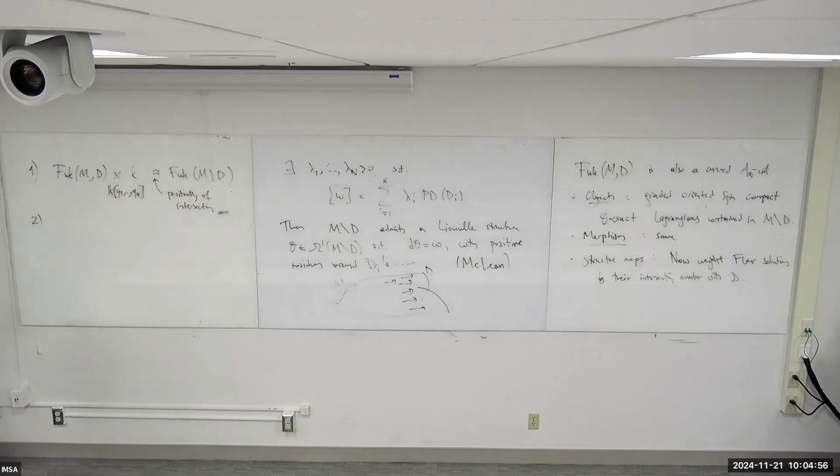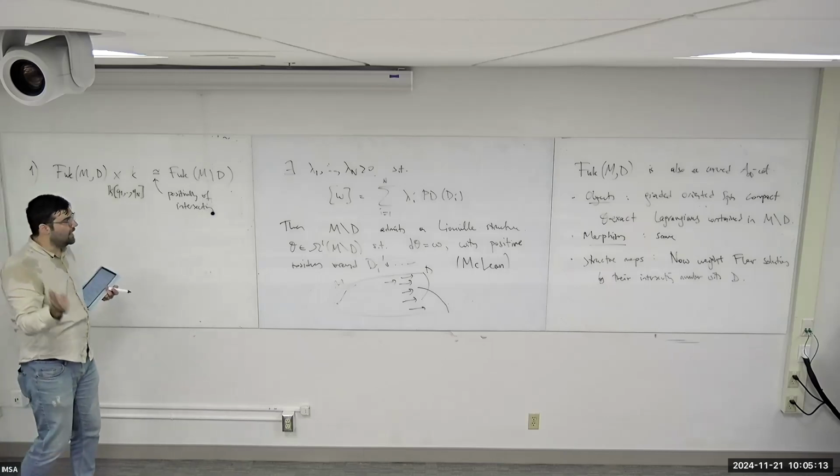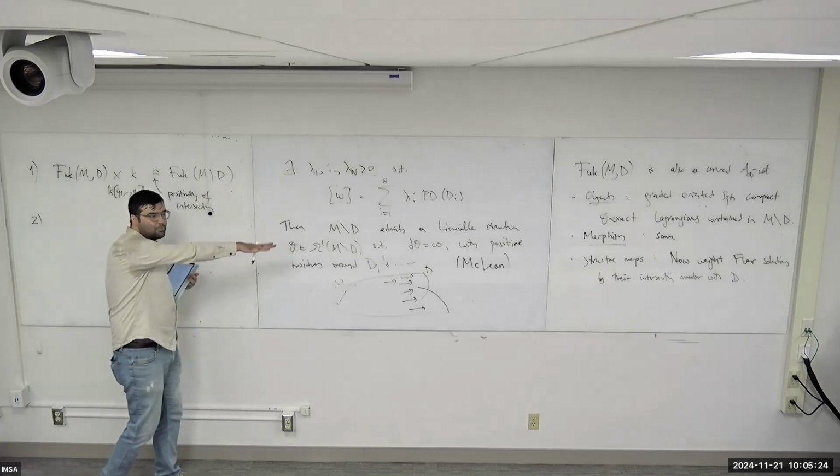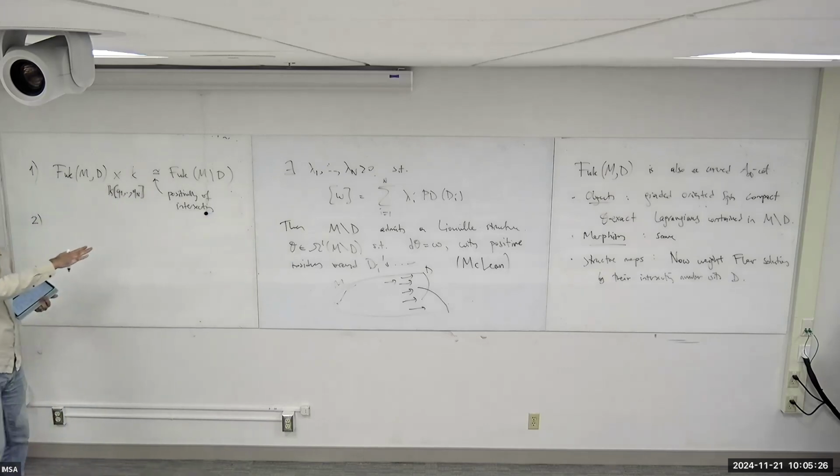And this positivity of intersection becomes a little bit tricky because you can have curves that intersect the divisor positively, which you can then add to them negative curves that live on the divisor and make them actually have zero homological intersection while geometrically intersecting the divisor. So they have to come up with ideas to resolve this issue. But they can do it. So it's a bit more complicated than what I wrote.